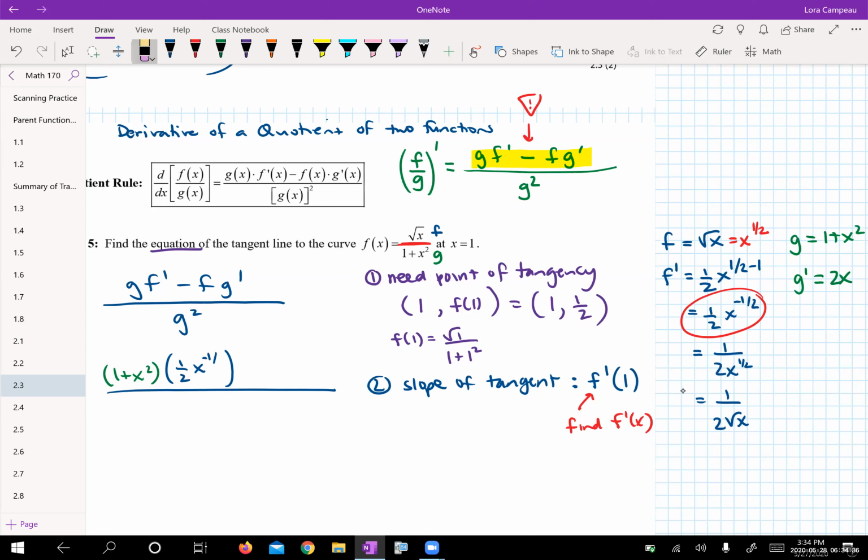Gotta be careful. Don't forget that 1/2 exponent. So that's g f prime. Now we want to subtract off, and don't forget that's coming from our formula, the f. So in our case, do we want to use the square root of x or the x to the 1/2? Since I'm trying to be consistent, I might go with x to the 1/2 power.